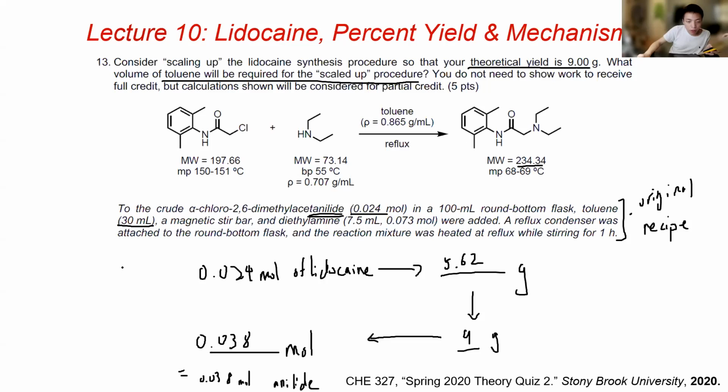And for this, we can set up a ratio. 0.038 moles of the analyte corresponds to X moles of toluene.